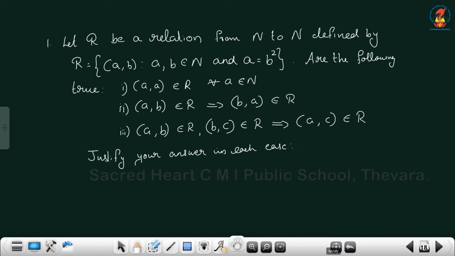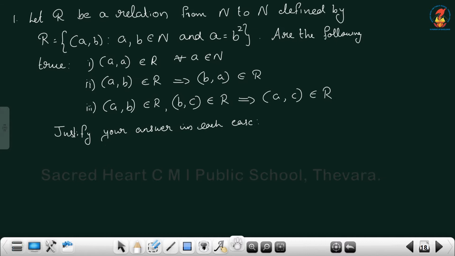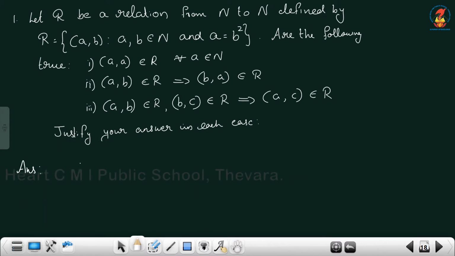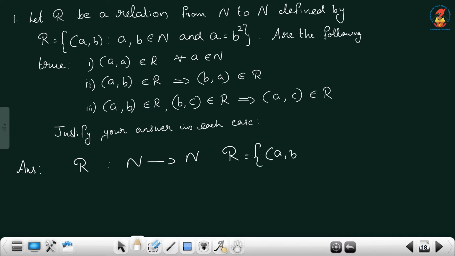So, one relation is given. R is a relation from N to N. How is R defined? R is equal to the ordered pairs (a, b) such that a is equal to b square.